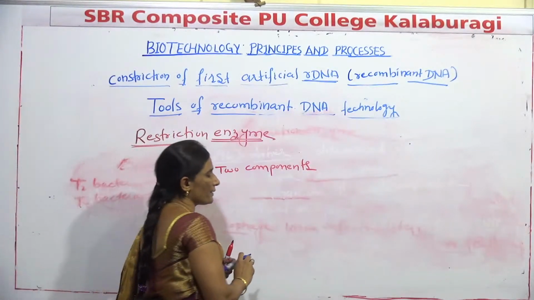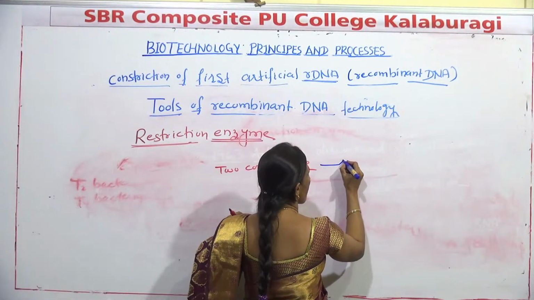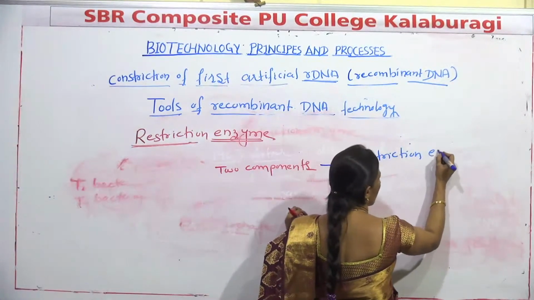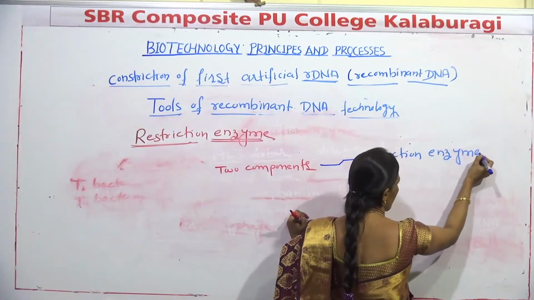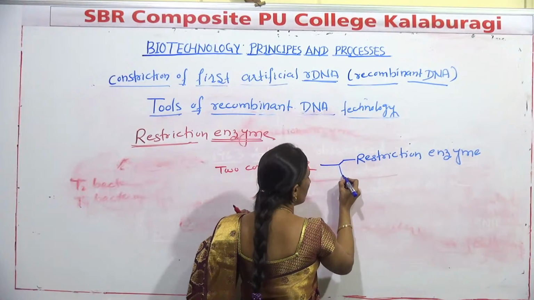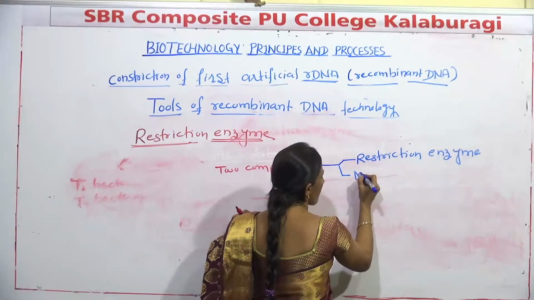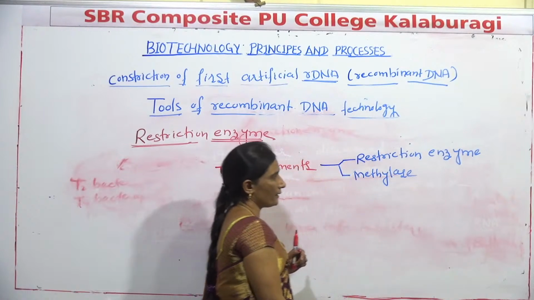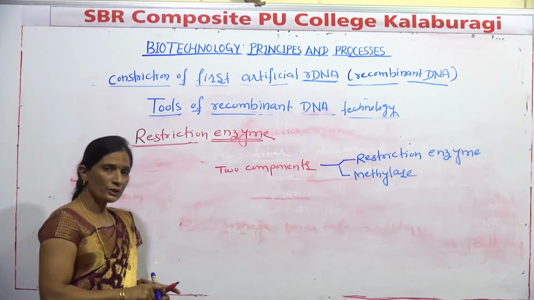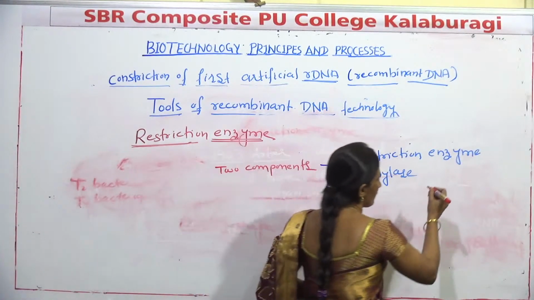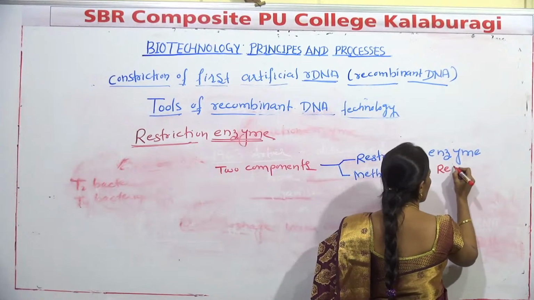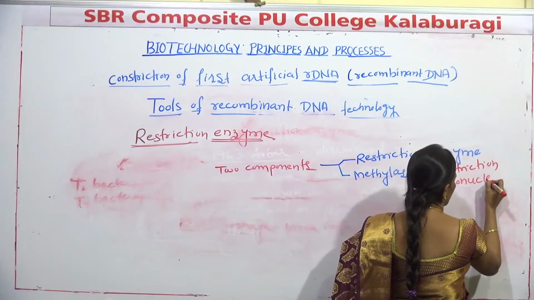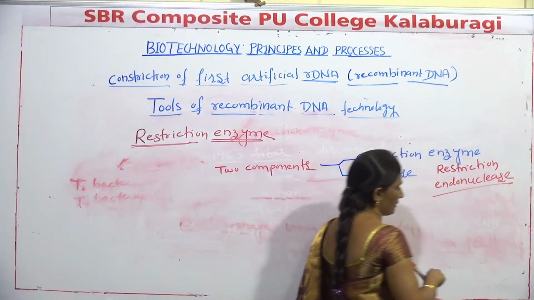What are those two components? One is the restriction enzyme. Another one is the methylase. Restriction enzyme is also called restriction endonuclease.